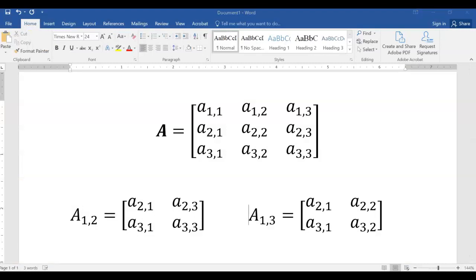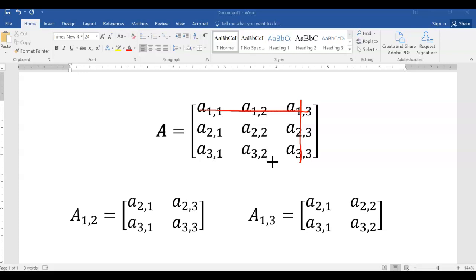If we eliminate row 1 and column 2, the only thing we're left with is A21, A23, A31, A33. All right? And then if we eliminate row 1 and column 3, I'm left with A21, A22, A31, A32.